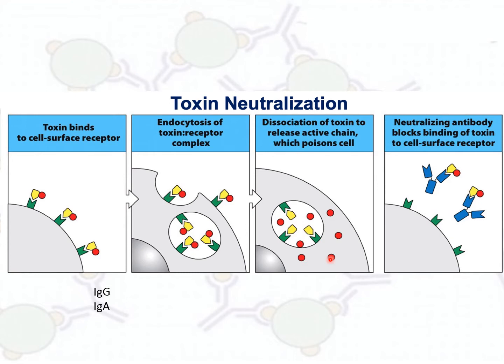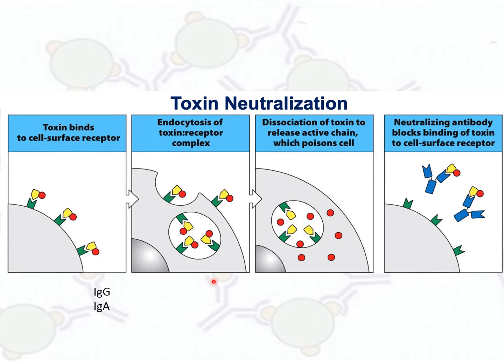So the host produces antitoxin antibodies, which bind to the toxin via their Fab portion and neutralize them. So now the toxins are not free to bind to the receptors of the susceptible host cells.